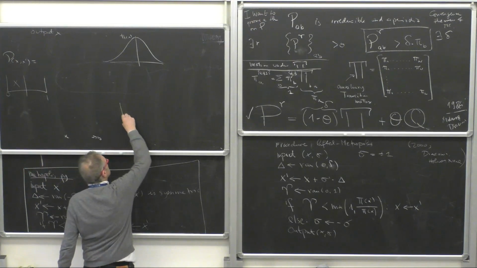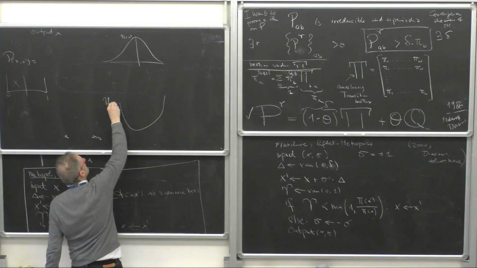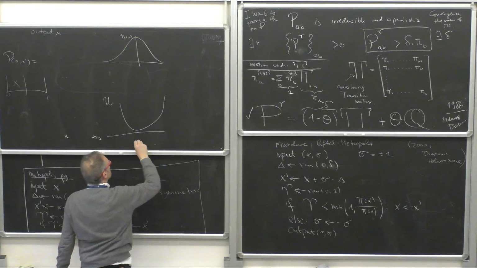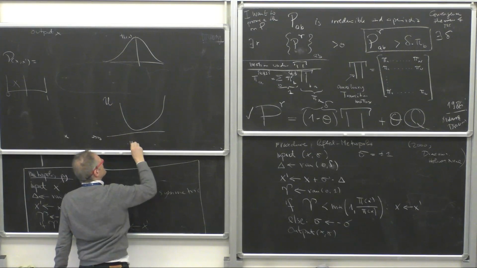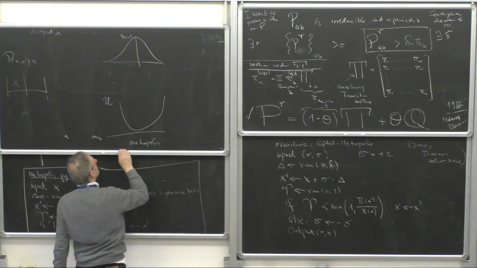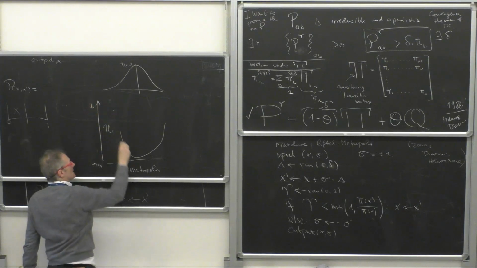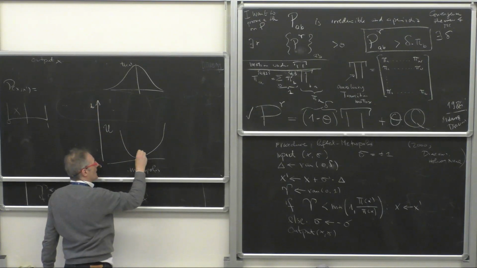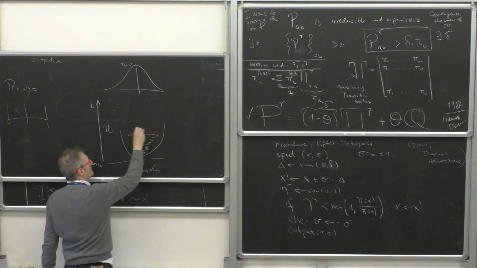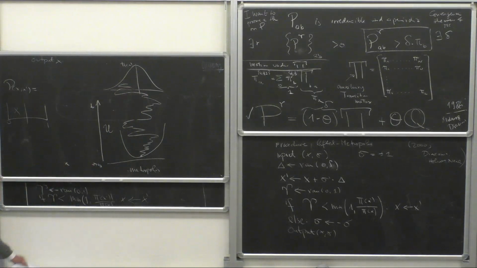Explication de texte. Okay, so this is my potential U. Metropolis algorithm. What does it do? Time goes up here. I'm here. I make a diffusion. Okay, that's the Metropolis algorithm. I make a diffusion.